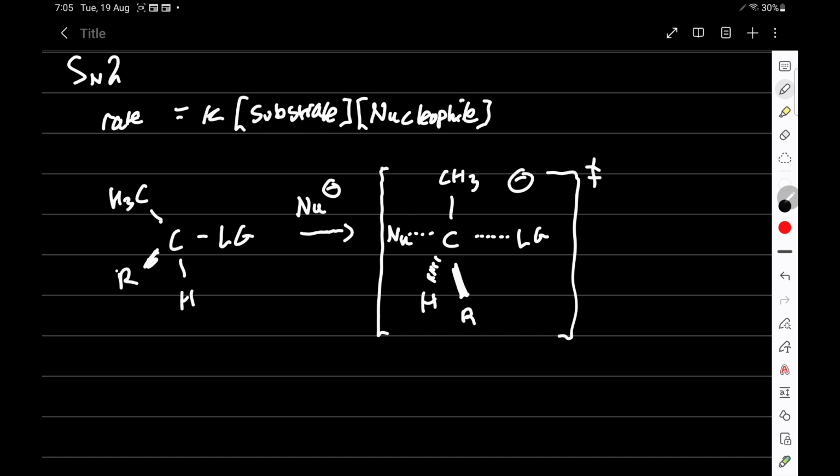And these both occur at the same sort of time, where essentially the nucleophile attacks the opposite side of the carbon atom to where the leaving group is, and the leaving group falls off.